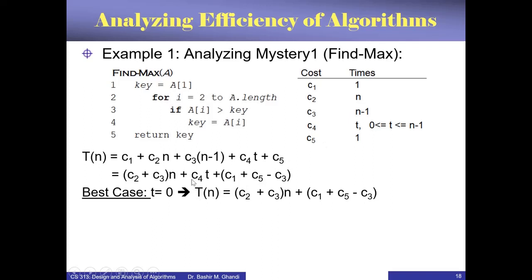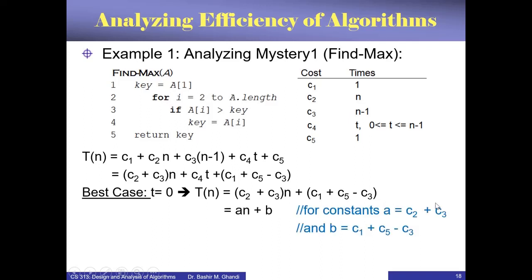So if t is 0, then we can in fact simplify our running time by eliminating this term, because if t is 0, C4 times 0 is 0. So your running time is simply the remaining terms, (C2 plus C3)n plus C1 plus C5 minus C3. And this we can now simplify, because of course if you add 2 or more constants, you're going to get another constant.